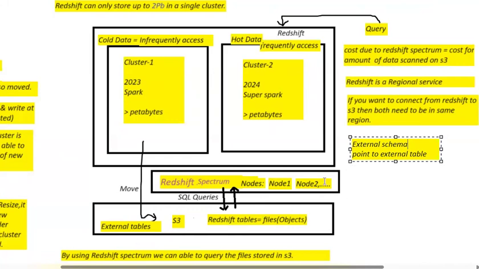We point to those external tables and create an external schema. Whenever we run a query, the data from external tables will load onto the external schema, which is present under our nodes, and that will be processed and produce the results to us. Right? Yes.